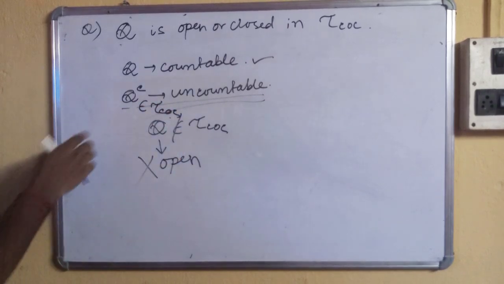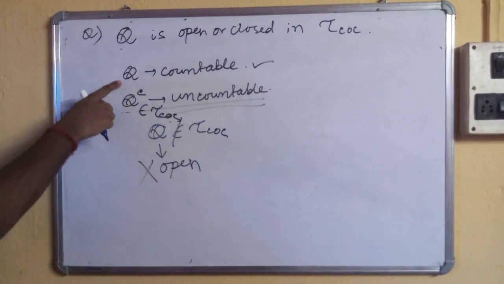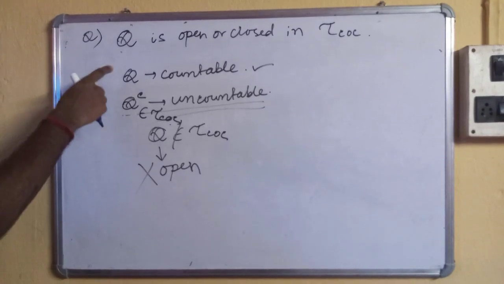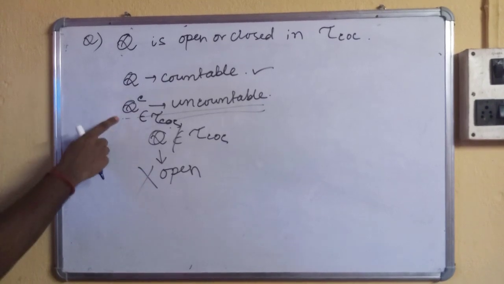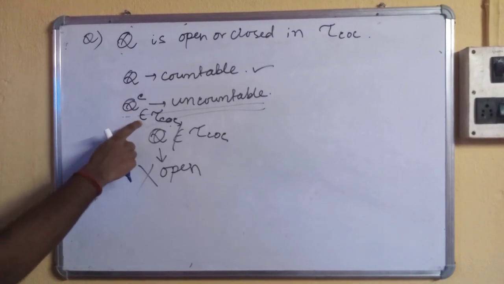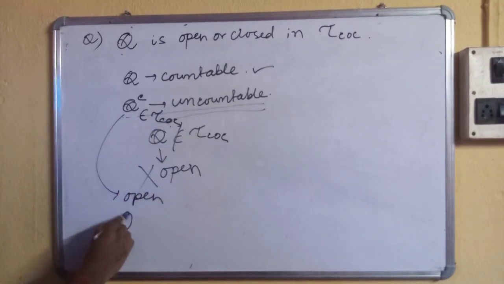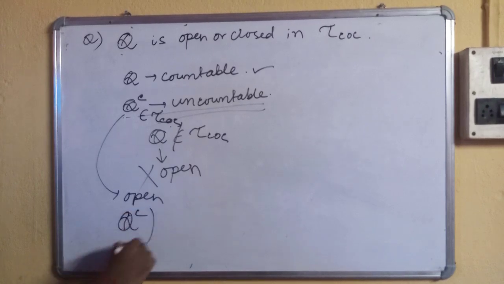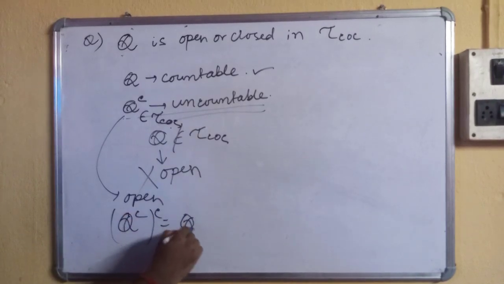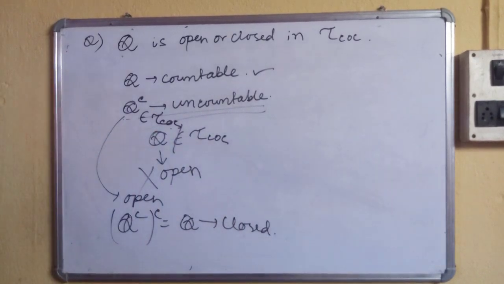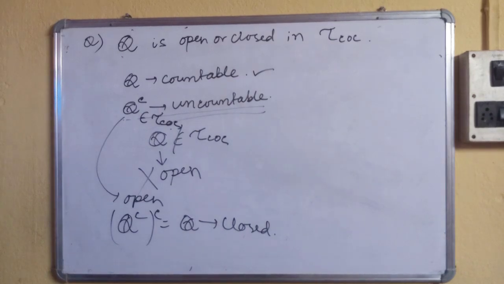Why? Because its complement means the set of rational numbers, and it is countable. Since it is countable, Q complement is in tau coc. That means it is open, and since it is open, its complement, which is Q, is the complement of an open set, that means closed. Therefore, the set of rational numbers Q is closed in tau coc.